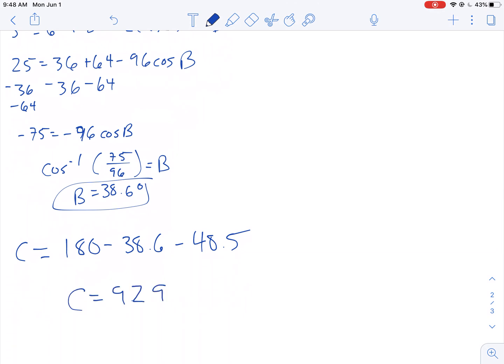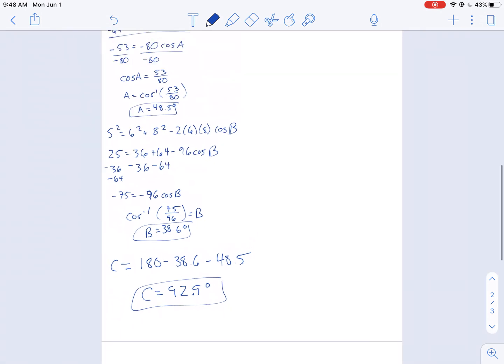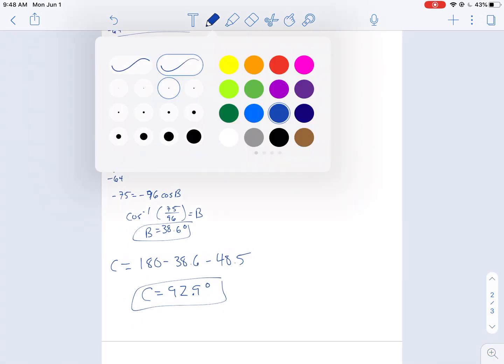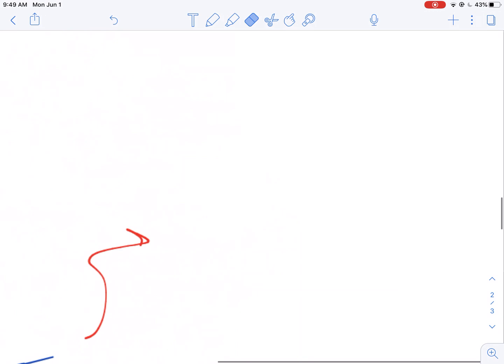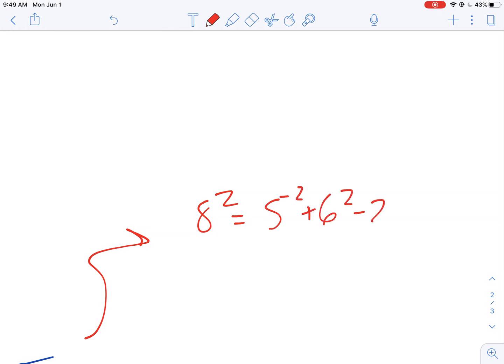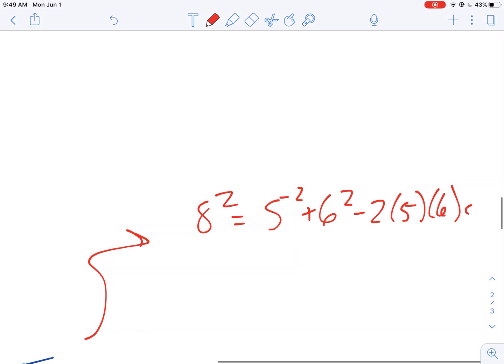That makes sense given how much larger it is than the other two sides and proportionally how much larger this angle should be. I'm fine with that answer, but again, if I really wanted to, I could plug this in to 8 squared is equal to 5 squared plus 6 squared minus 2 times 5 times 6 times the cosine of C. I could plug all of that in and find my answer.